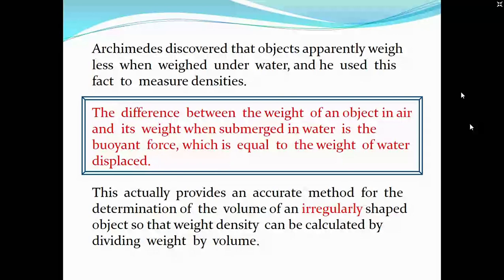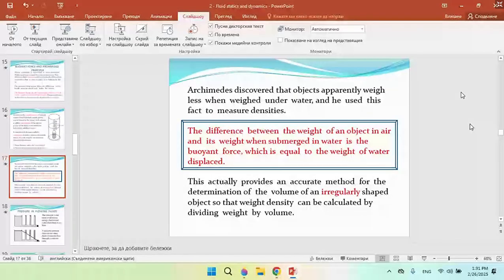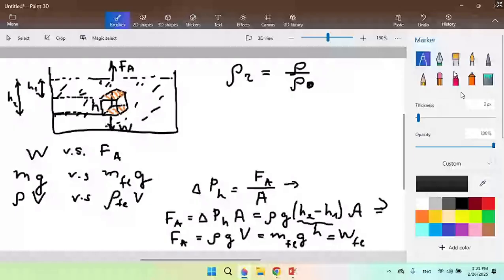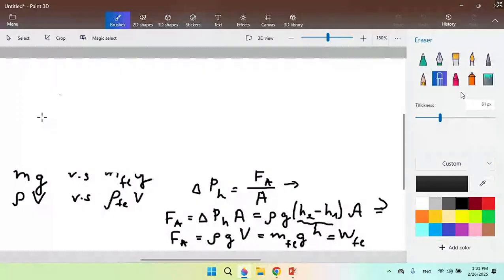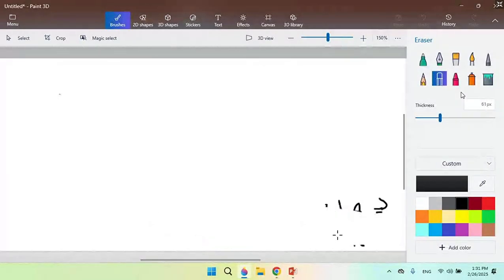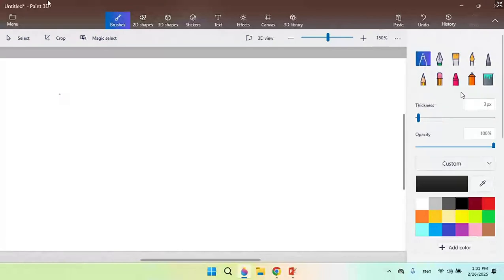So let me try to explain. To switch on the board to clear everything. And let us take some object in air.